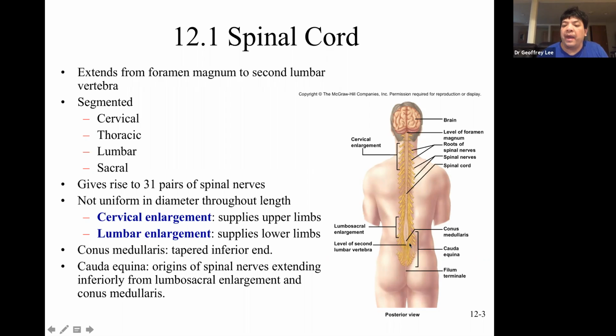So even though the spinal cord ends, we still have spinal nerves that have to exit out, right? So this area where the spinal cord ends, but yet individual spinal nerves exit out, is called the cauda equina, or the horse's tail. If you've ever seen a horse's tail, a lion's tail, right?